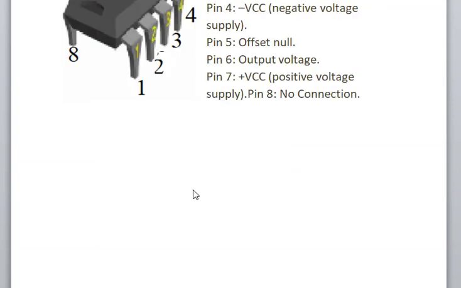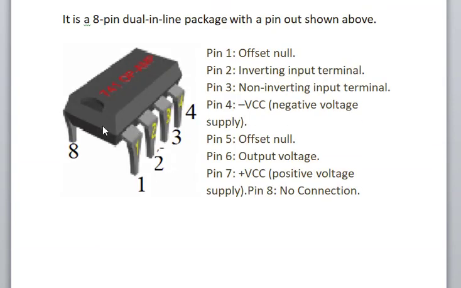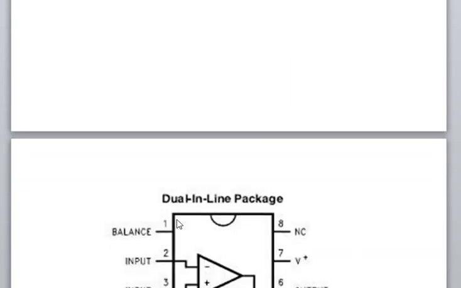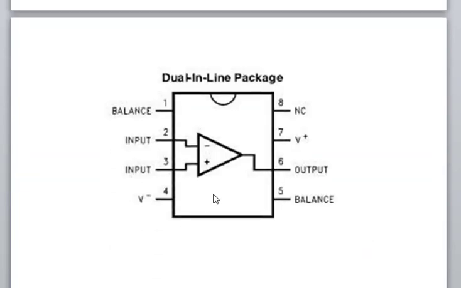So this IC appears physically like this, and the internal diagram, the electronic circuit, the electronic symbol of the operational amplifier is like that. See here, it is an inverting input. It is the non-inverting input.